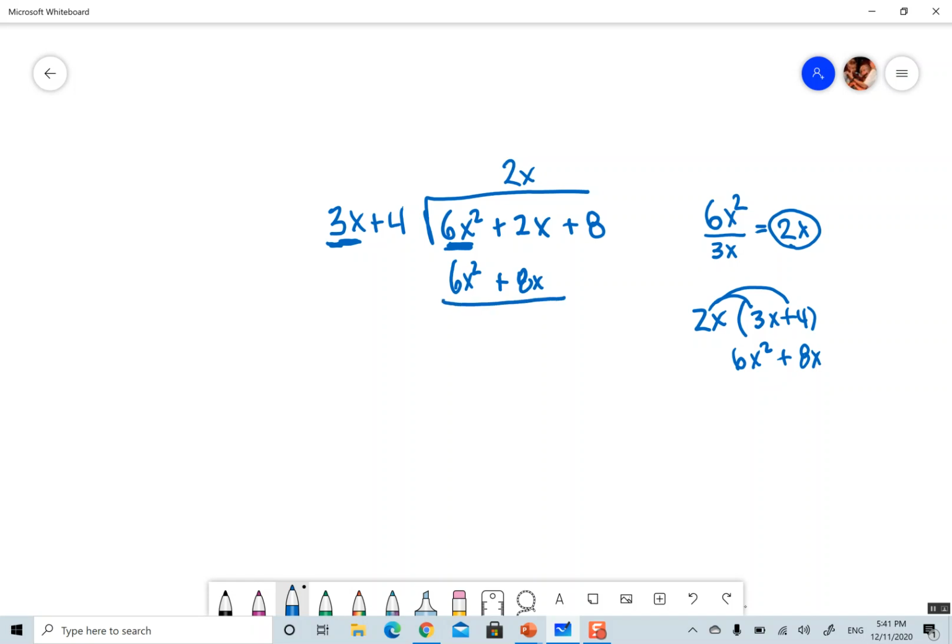And I'm going to give you guys a hint. I'm terrible at subtracting. So what I do instead is I change the sign to a negative, and then I add. So 6x squared plus a minus 6x squared is a 0. 2x plus a minus 8x is a minus 6x.